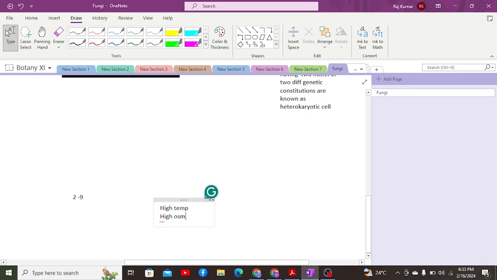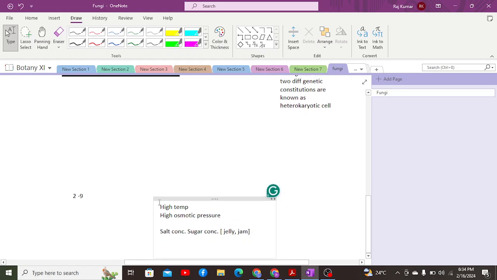Osmotic pressure here refers to a condition in which the pressure of the fluid is high, such as high salt concentration or high sugar concentration. They can survive in such conditions. Examples include jelly or jam, in which they can survive. These conditions allow them to survive on terrestrial areas.